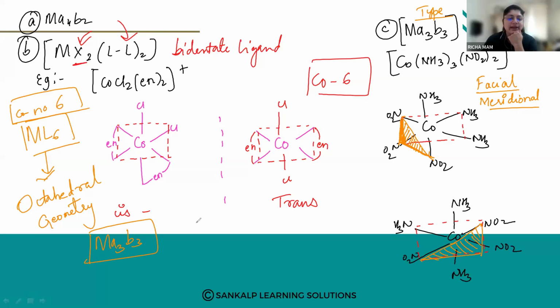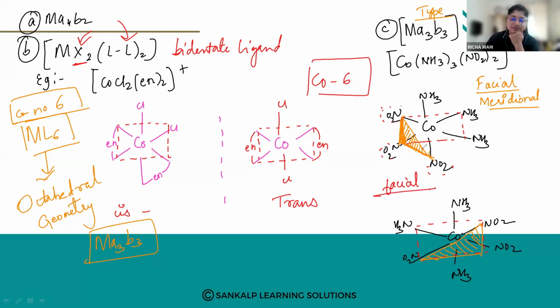Then if all three identical ligands, these are the identical ligands, 1, 2, and 3, occupy adjacent positions at the corners of the octahedron, then it is termed a facial arrangement. So this is a facial arrangement.